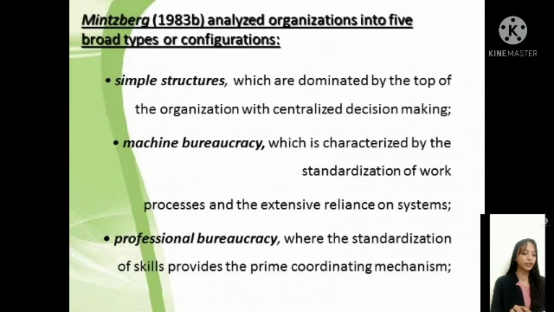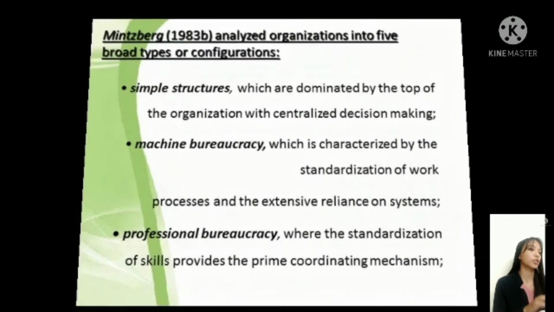The disadvantage with the professional structure is the lack of control that senior executives can exercise, because authority and power are spread down through the hierarchy. This can make these organizations hard to change.